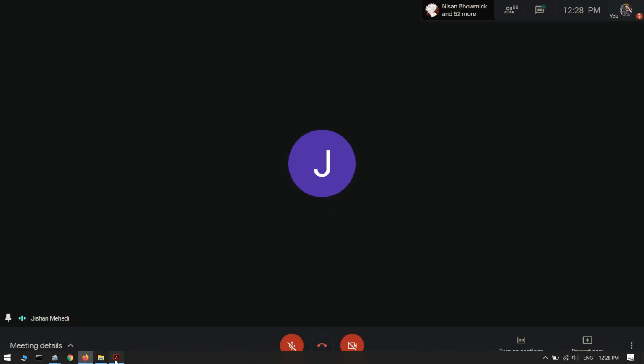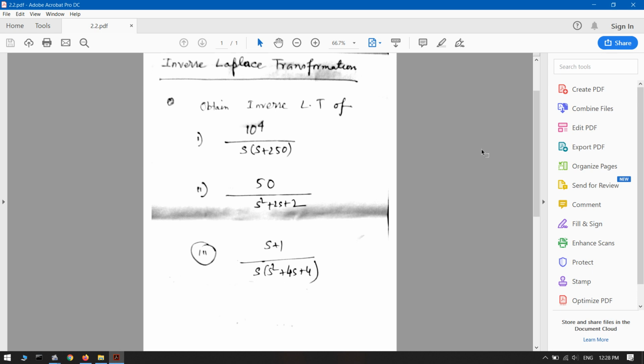For the first function, it will be 25j into e to the power minus (1 plus j) t, and for the second function, minus 25j e to the power minus (1 minus j) t. Any confusion regarding this inverse Laplace transformation?